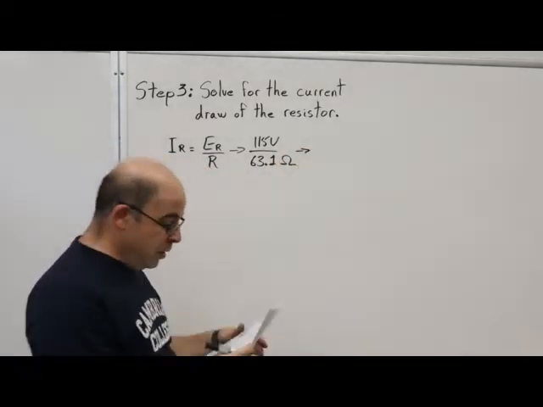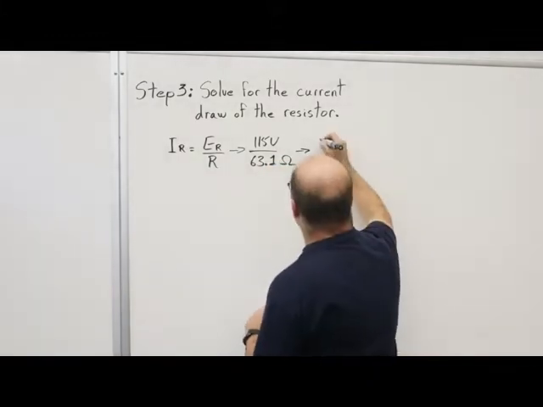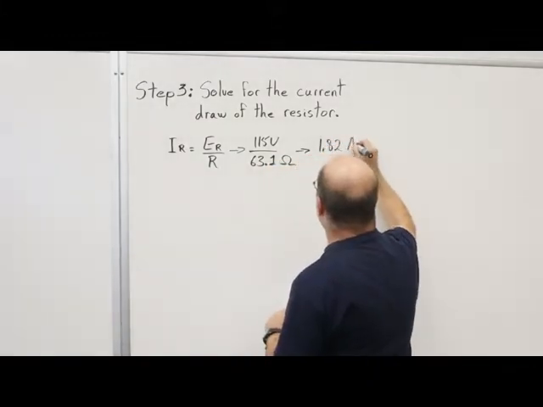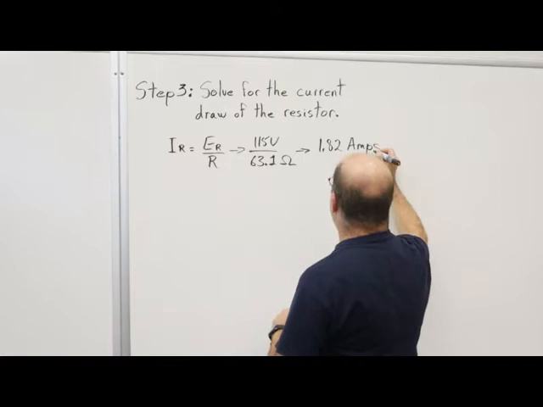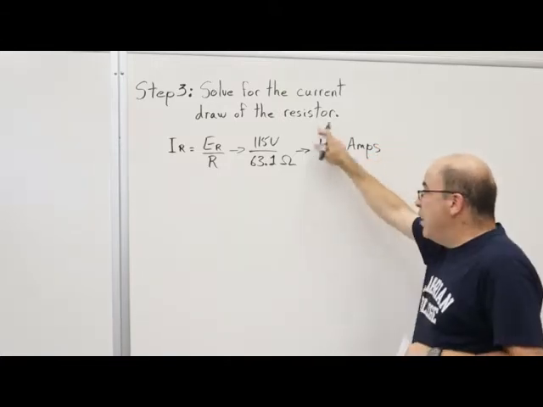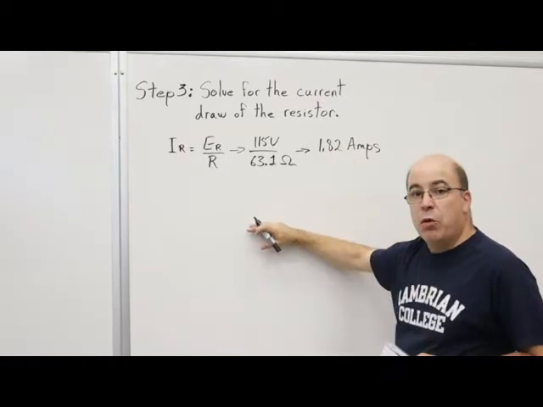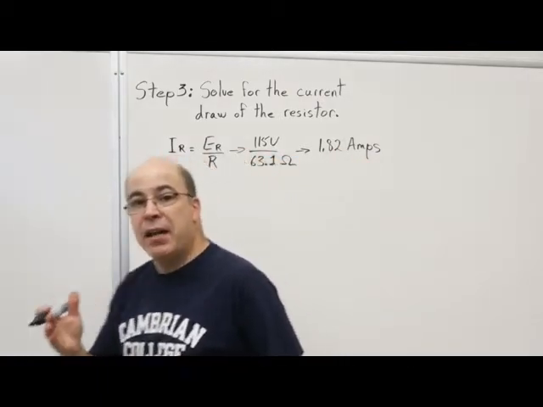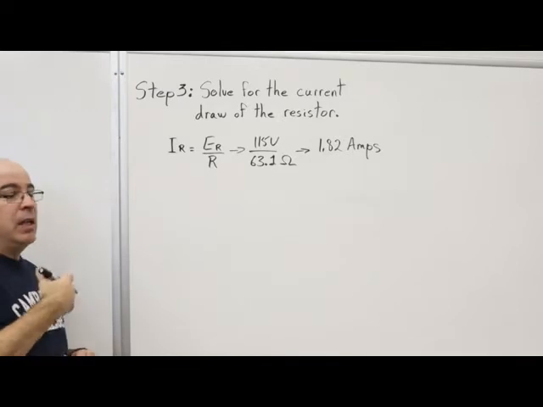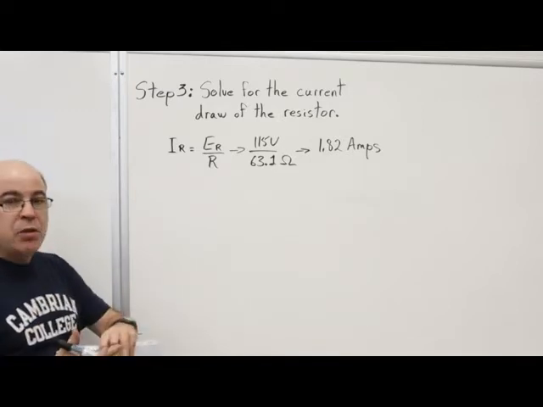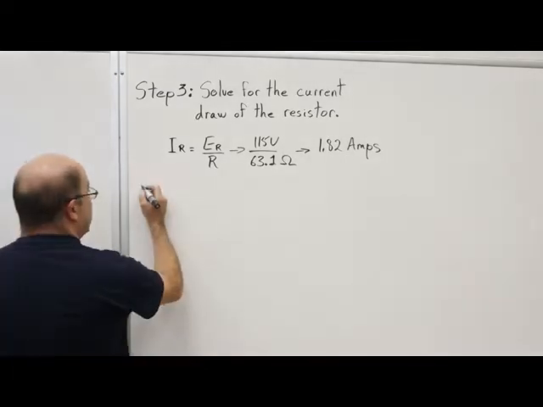Simple calculation, you should get for an answer 1.82 amperes. Now, I've got this in my calculator. I want to proceed to step 4 right away because that value is in the calculator. I want to be quick and efficient in my work, so I'm going to jump to step 4.